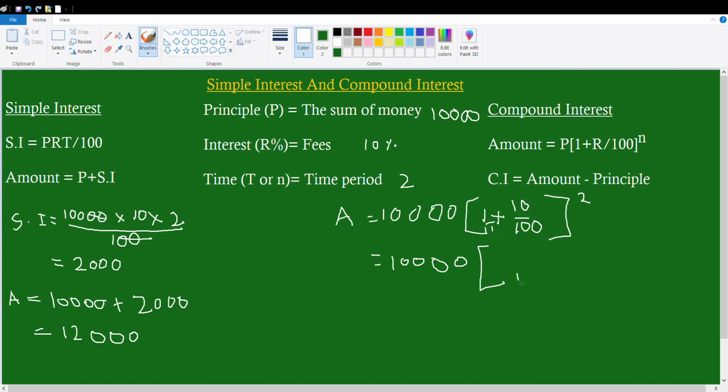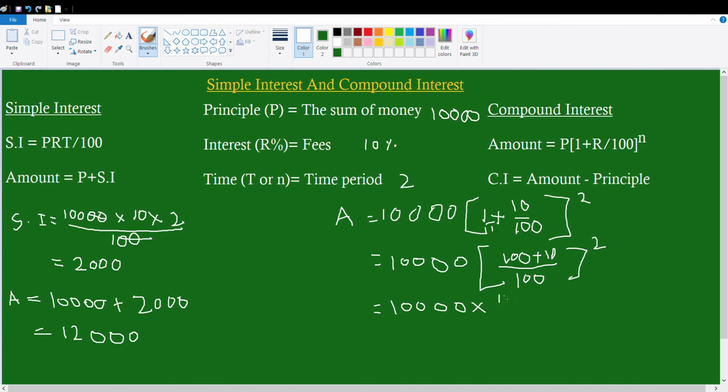If you take the LCM, you will get 100, and then cross multiply these two numbers, 100 plus 10, whole power 2, is equivalent to 10,000 multiplied by, if you simplify this, you will get 110 upon 100, that is whole power 2.